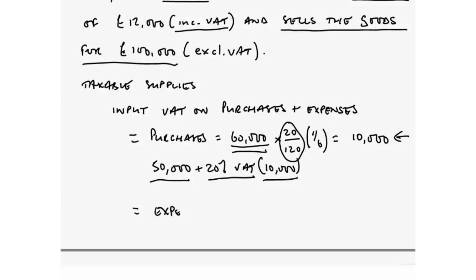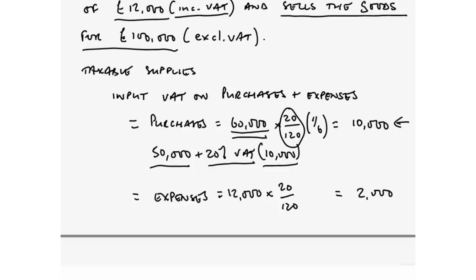And then on the expenses, you should be able to work that figure out for yourself now. On that £12,000 inclusive of VAT, how much VAT have we suffered? Again, it's a VAT inclusive figure. You'll find that the numbers are of course very friendly here. Times 20 over 120, 21/20ths, 1/6 of 12,000 is £2,000.